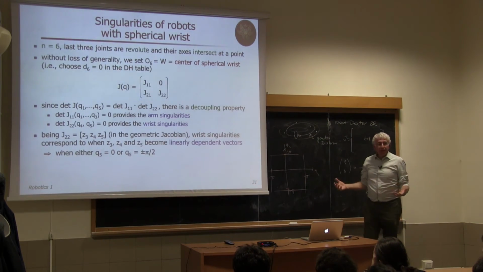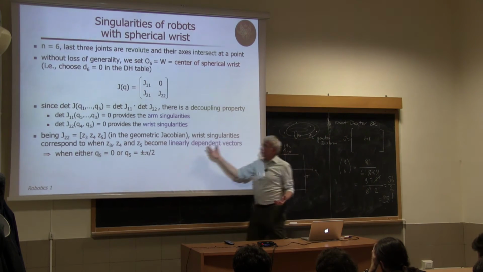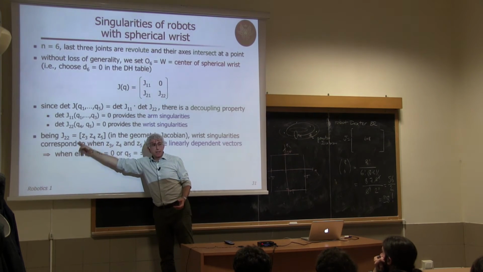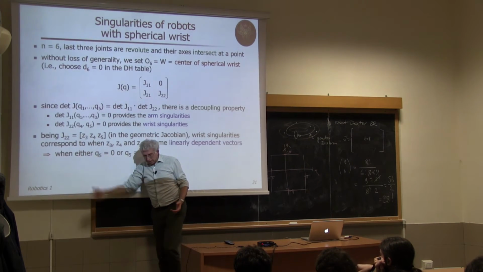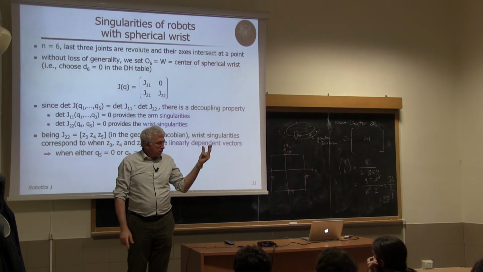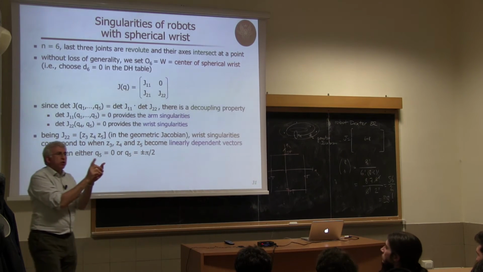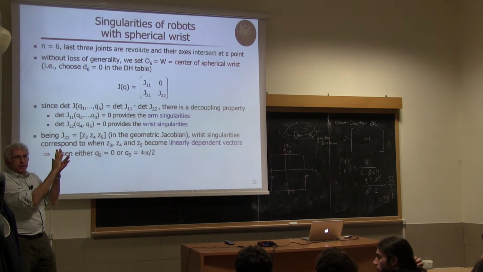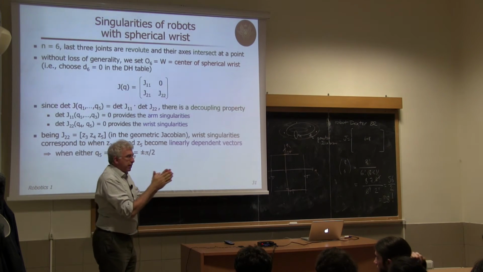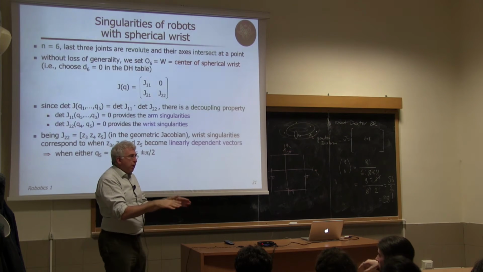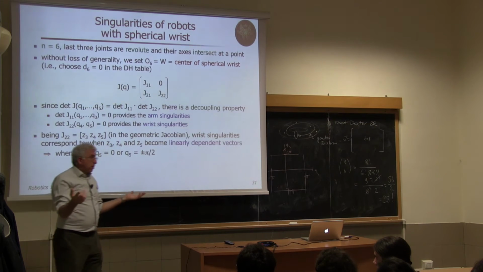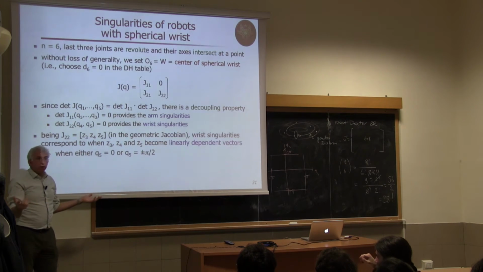So you can also give a nice interpretation to the singularity of the wrist. What does it mean that this 3 by 3 matrix becomes singular, so its determinant is equal to 0? It means that the 3 vectors are not linearly independent, which means that the 3 axes of the 3 joints somehow align. For instance, all 3 lie on a plane, and then you have a rank loss of 1, or all 3 are aligned along the same direction, and then you have a loss of 2 in the rank of this matrix.